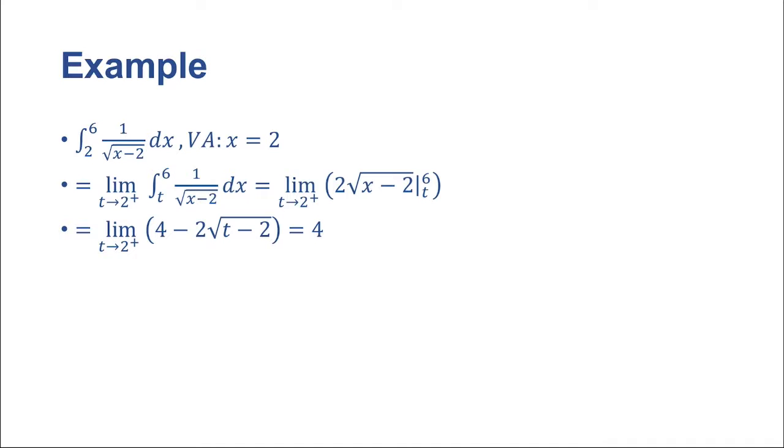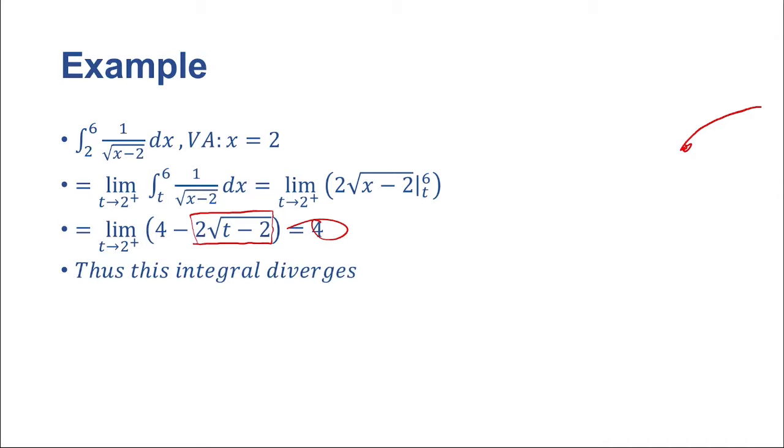The square root function goes to 0, so we're just going to get 4, because 4 minus 0 is 4. All right, so the integral does not diverge. The integral converges, because it evaluates to 4.